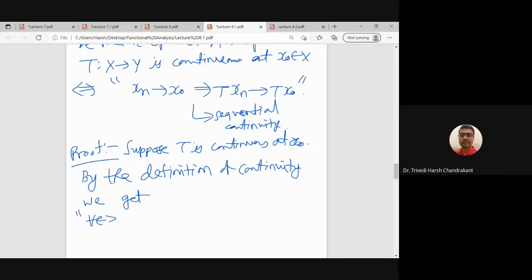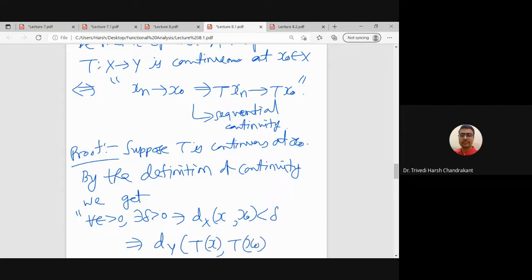For every epsilon greater than 0, there exists delta greater than 0 such that whenever the distance of x with x naught is less than delta, we have the distance of Tx with Tx naught less than epsilon.